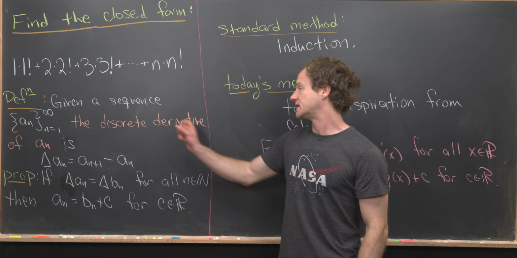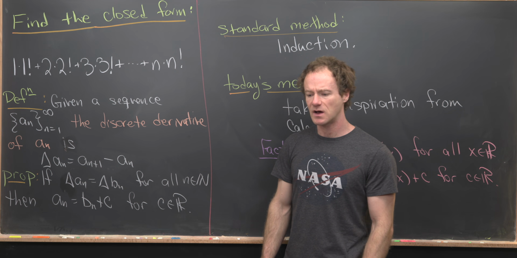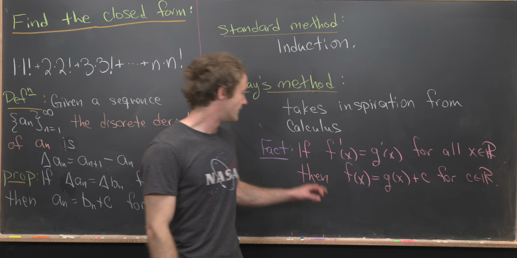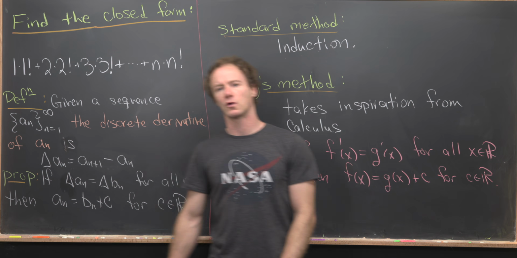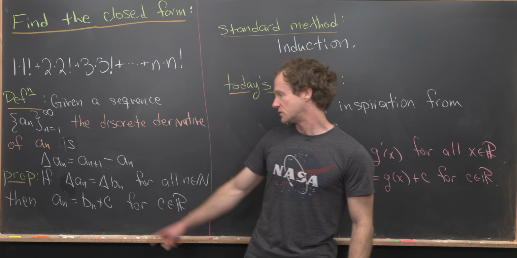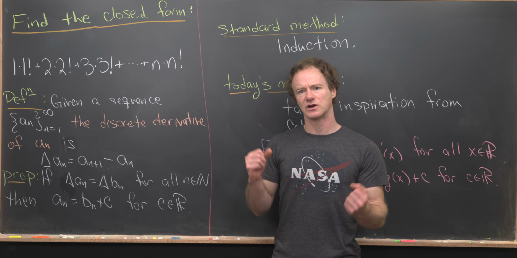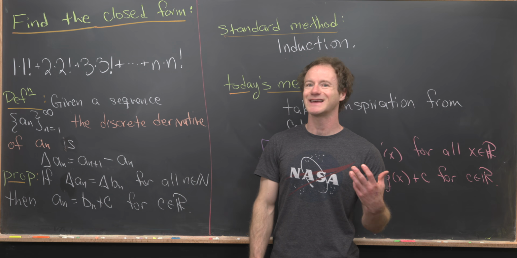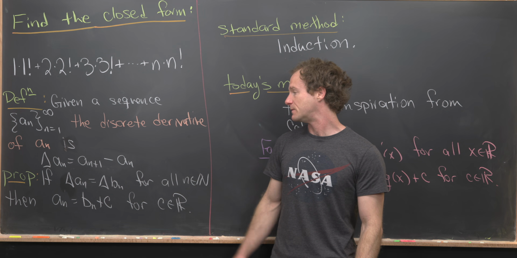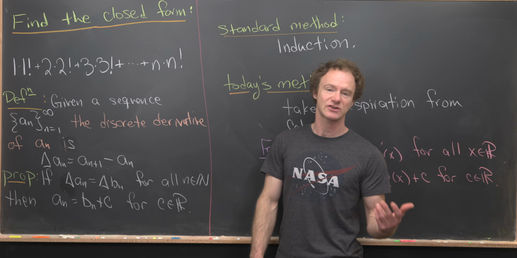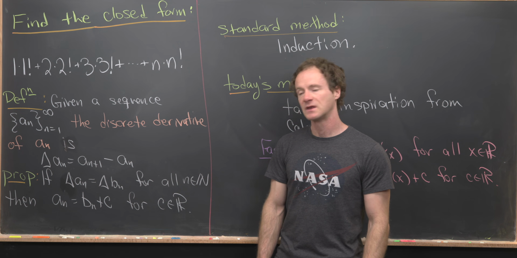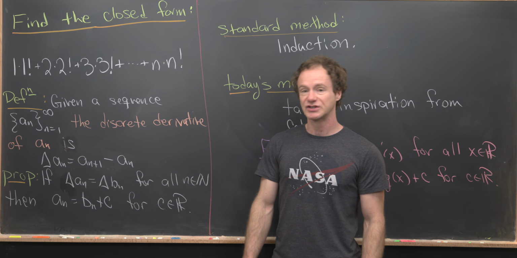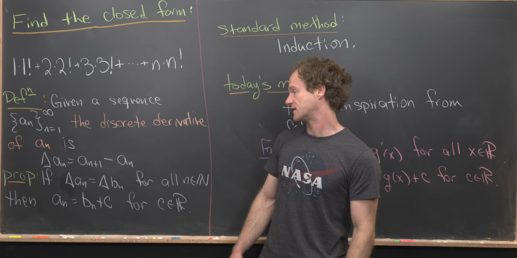This is called the discrete derivative because it's a discrete version of the continuous derivative from a normal calculus class. Notice we're taking the difference of two terms that are pretty close to each other. We just can't take a limit in this case because the domain is the natural numbers or maybe the integers. Then next, the proposition that will help us finish this off goes like this.